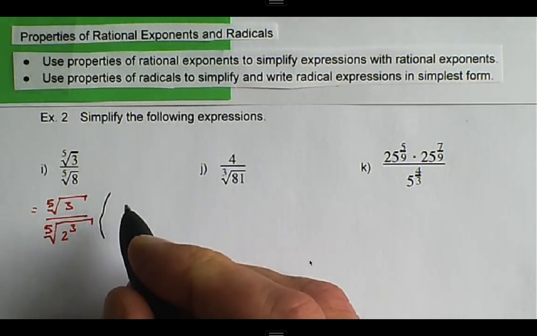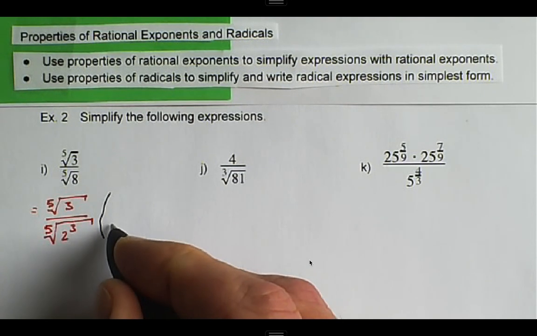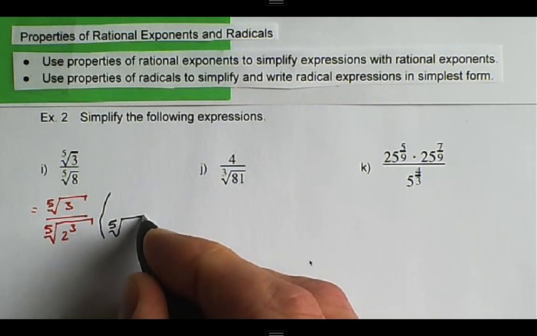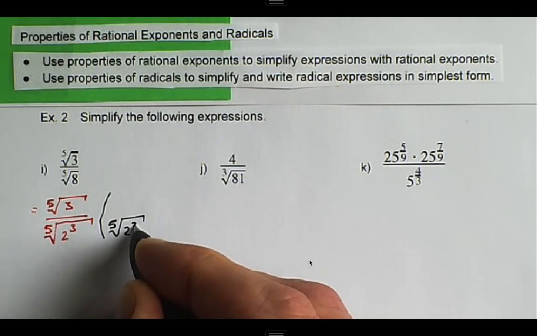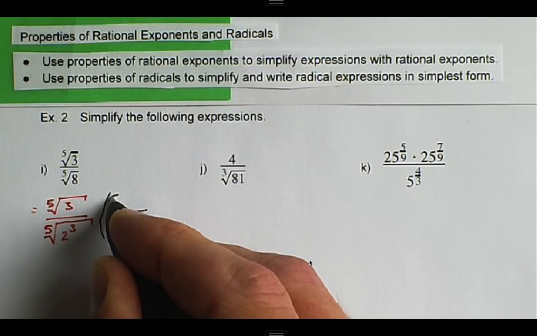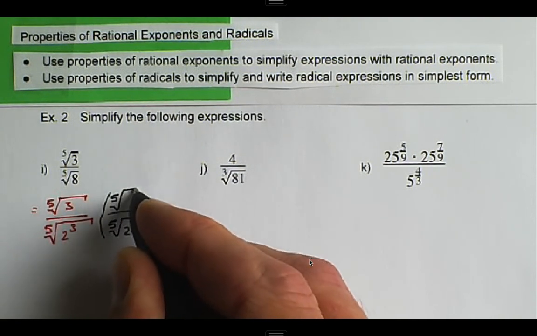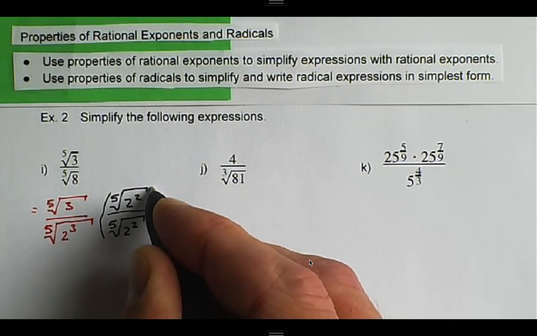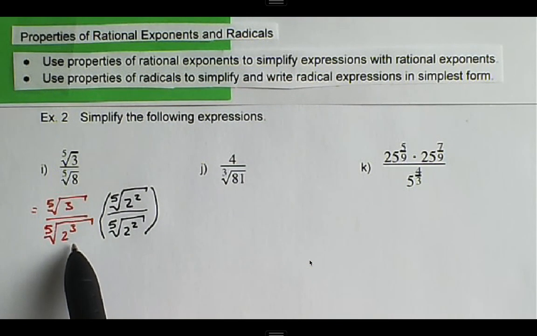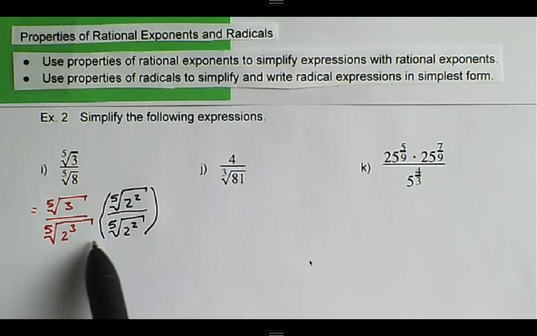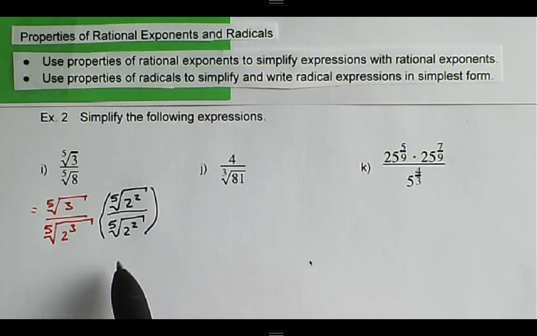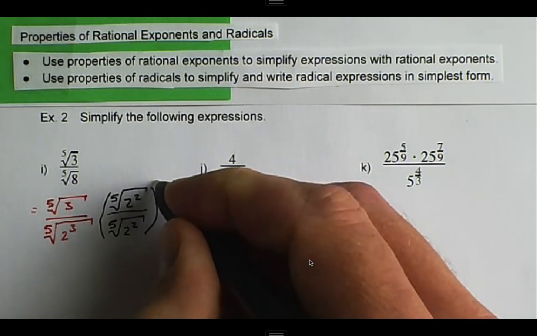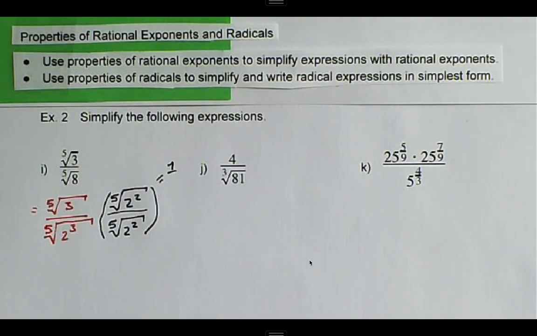So we're going to multiply by the fifth root of 2 squared over the fifth root of 2 squared. What that's going to do is it's going to give us 2 to the fifth in the denominator, which will cancel that out. And again, we're multiplying by this because this is still 1 and we're not changing the value of the expression.